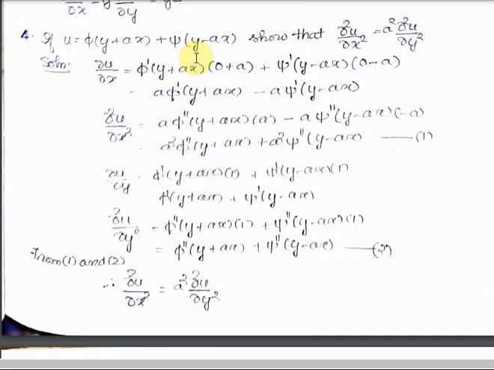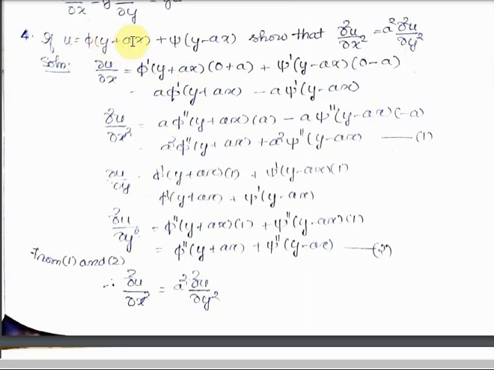In this case, how do I differentiate? Now, I want u with respect to x twice, and u partial differentiation with respect to y twice. Therefore, u with respect to x, the differentiation of phi becomes the derivative of phi, so phi dash of y plus ax. Then by chain rule, I should differentiate the variable also.